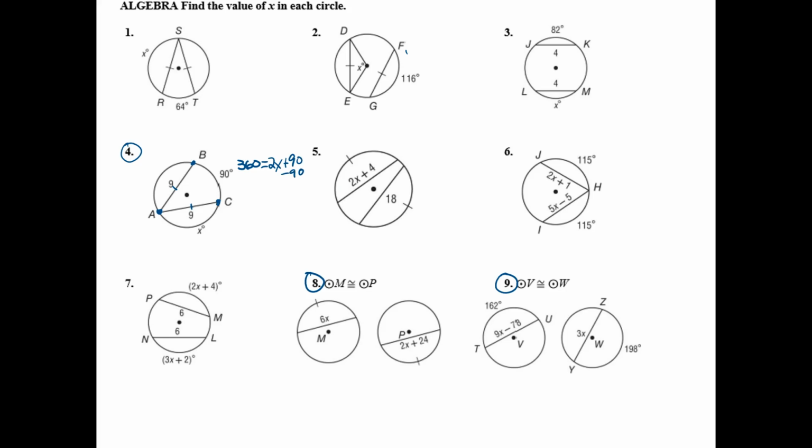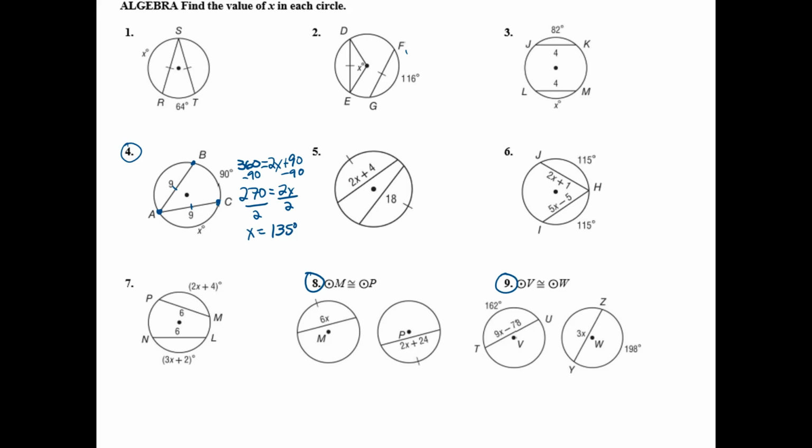I can subtract 90 on both sides and end up with 270 degrees is equal to 2x. Then I can divide both sides by 2, and I get x is equal to 135 degrees for number 4.